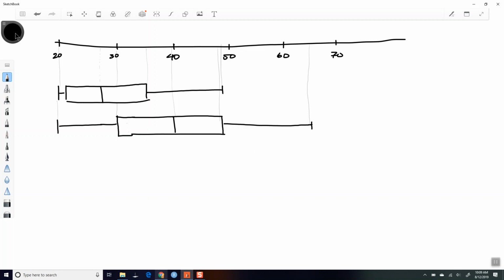Okay, so these are, is that visible? Okay, all right, and then so this will be age of employees at company A and B.